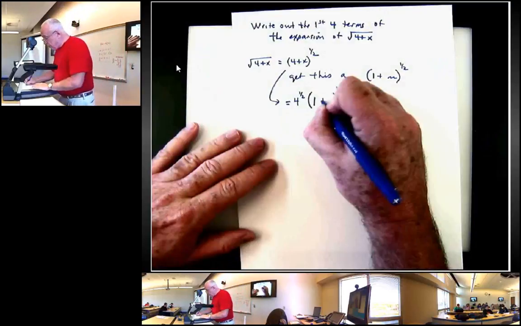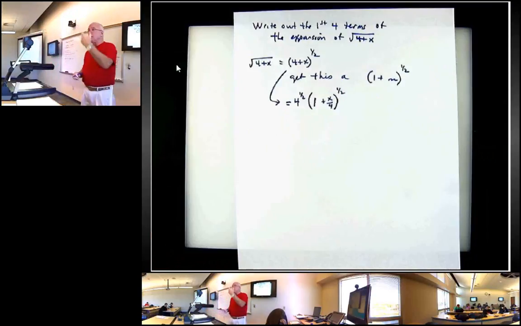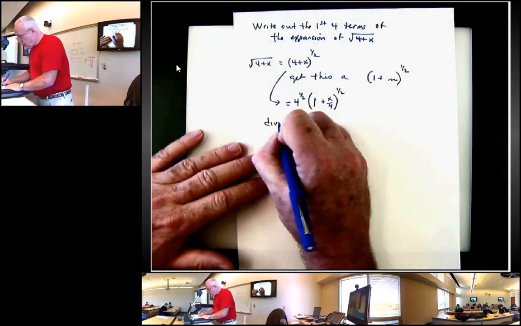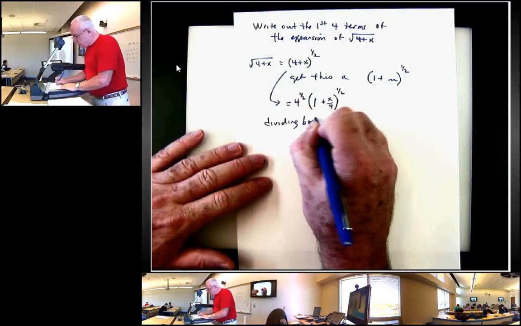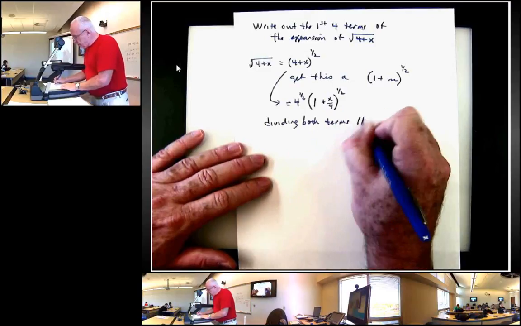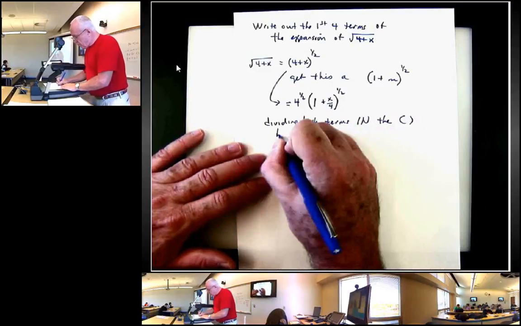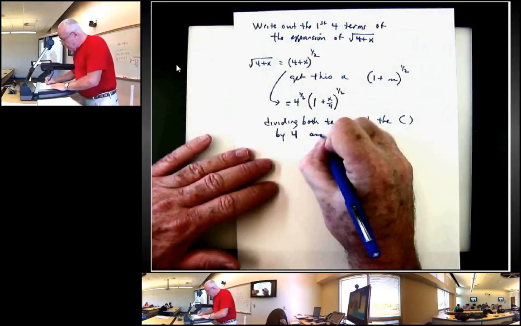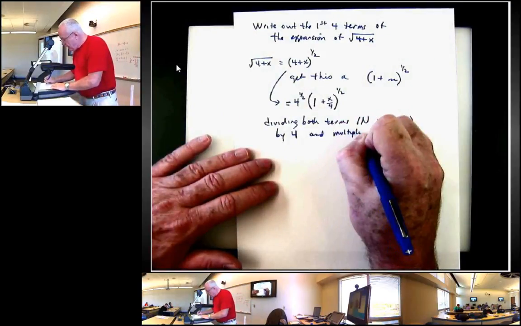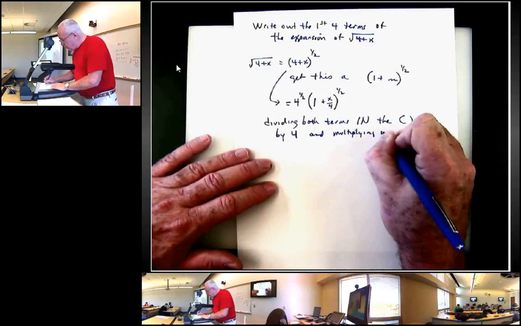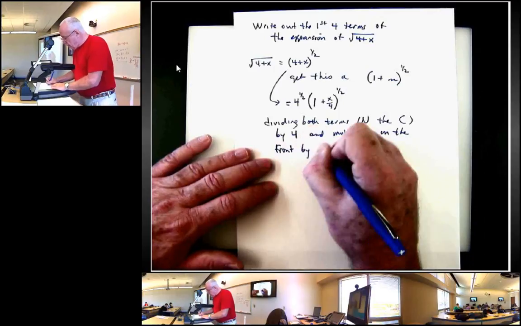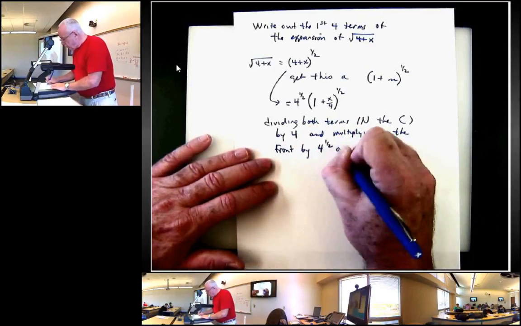Because what we are in effect doing is dividing both of the terms inside the parentheses by 4, but that's with a 1/2 power on top of it, and multiplying in the front by the square root of 4 or the number 2.